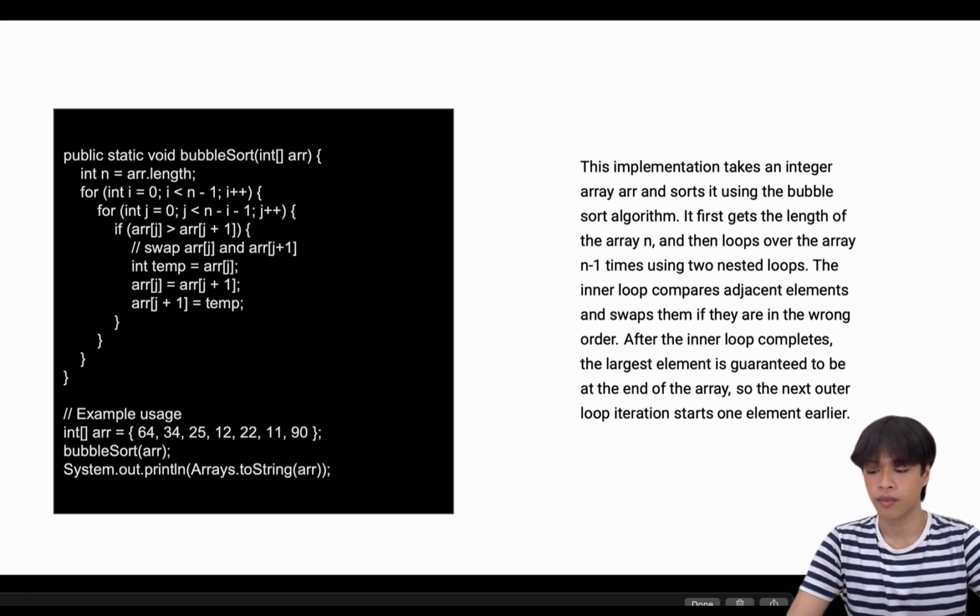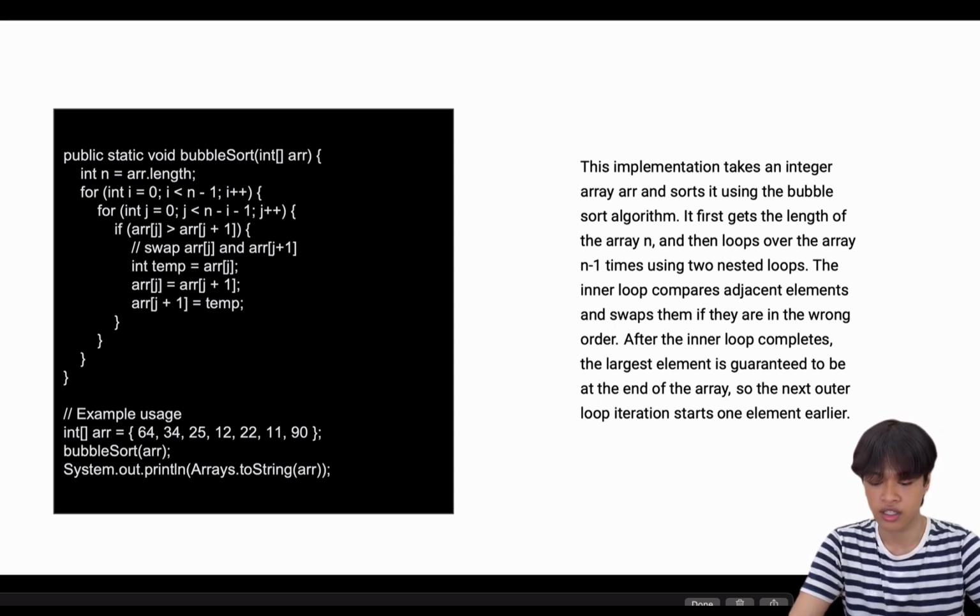The steps for performing bubble sort are: for each iteration, go through the array from the first element to the last element, compare adjacent elements, and swap them if they are in the wrong order.